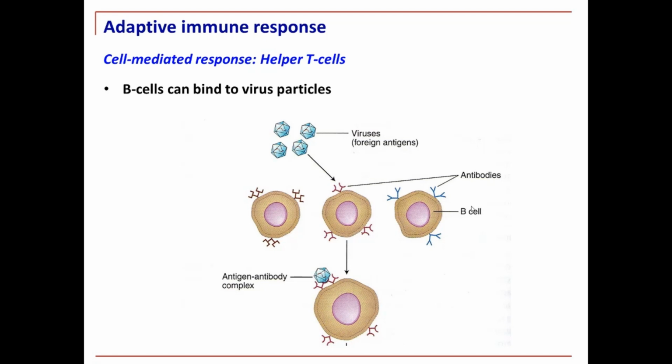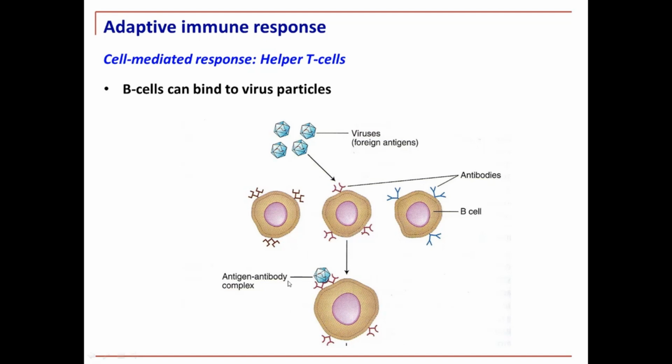But what about the helper T cells? These are the CD4 positive cells. Your B cells can bind to virus particles. If we're looking at this image, the B cells have their antibodies on the surface. The viruses can bind to those antibodies to form an antigen-antibody complex.